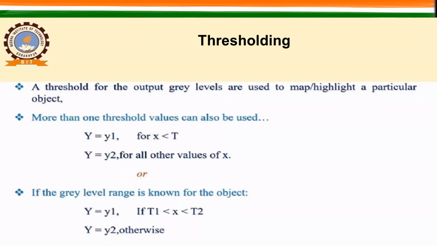Instead of identifying it using some different techniques, this is one of the techniques where we say this is my target, and the value range of this particular object is from 10 to 70. So my threshold value T will be greater than 10, or maybe between 10 to 70. This kind of logic we use in thresholding.